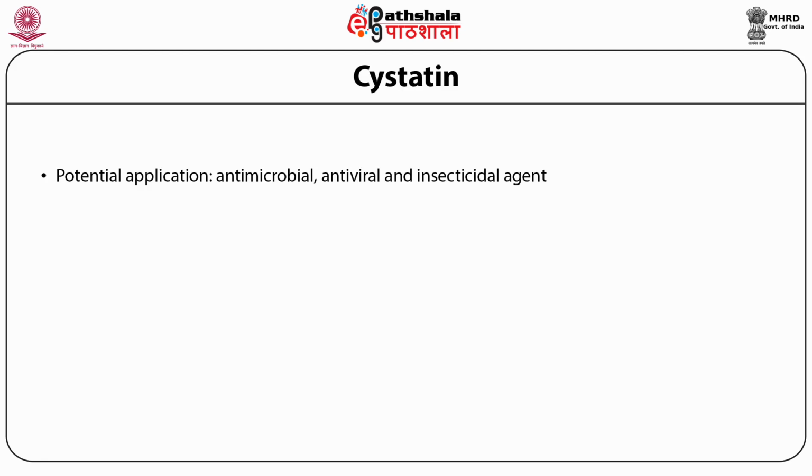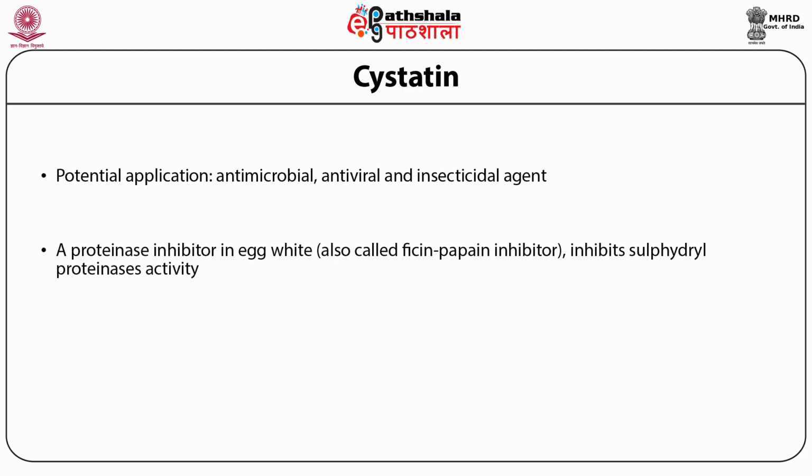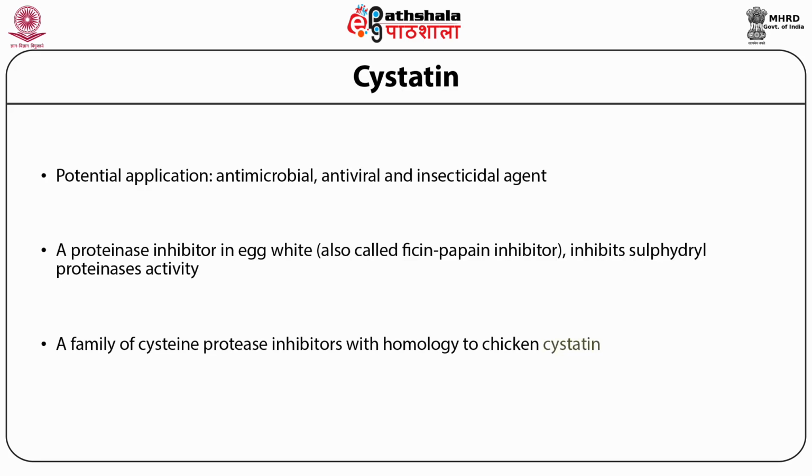The greater problem is its high cost, that is $140 per mg of egg cystatin. Cystatin is a family of cysteine protease inhibitors with homology to chicken cystatin. A proteinase inhibitor in egg white, also called ficin-papain inhibitor, inhibits the sulfhydryl proteinase activity.